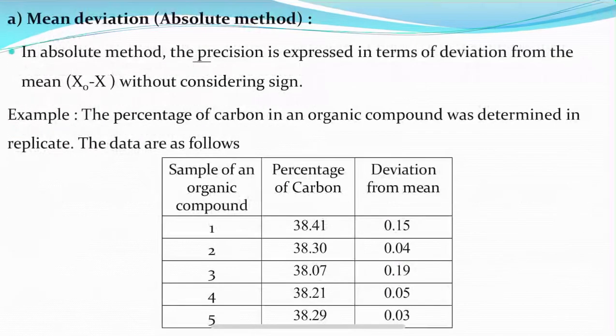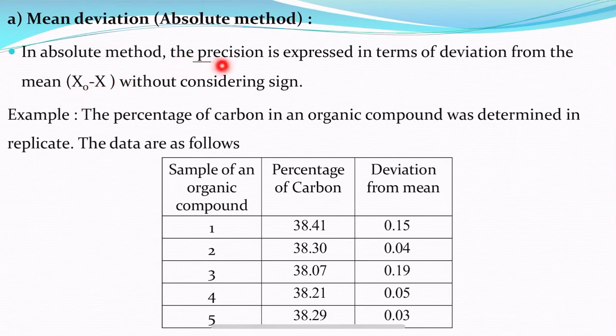So what are those methods? The first one is mean deviation, also called the absolute method. In the absolute method, the precision is expressed in terms of deviation from the mean. So we are going to use x naught minus x bar without considering the sign. Here this should be x naught minus x bar.